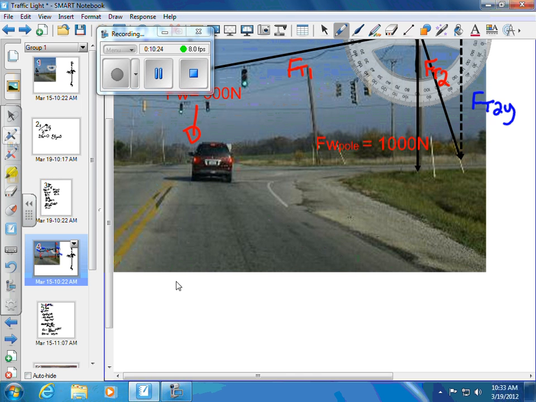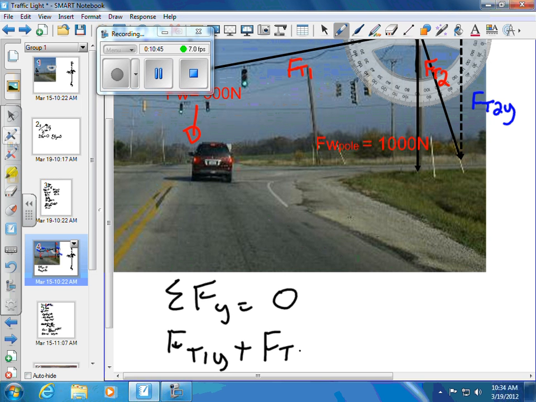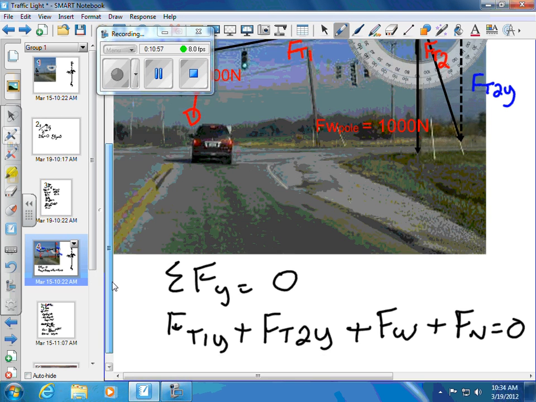So we have the sum of F in our y direction equals 0. The pole's not moving anywhere, pretty easy. So we just add up our forces: our tension 1 in the y plus our tension 2 in the y plus FW plus Fn equals 0.